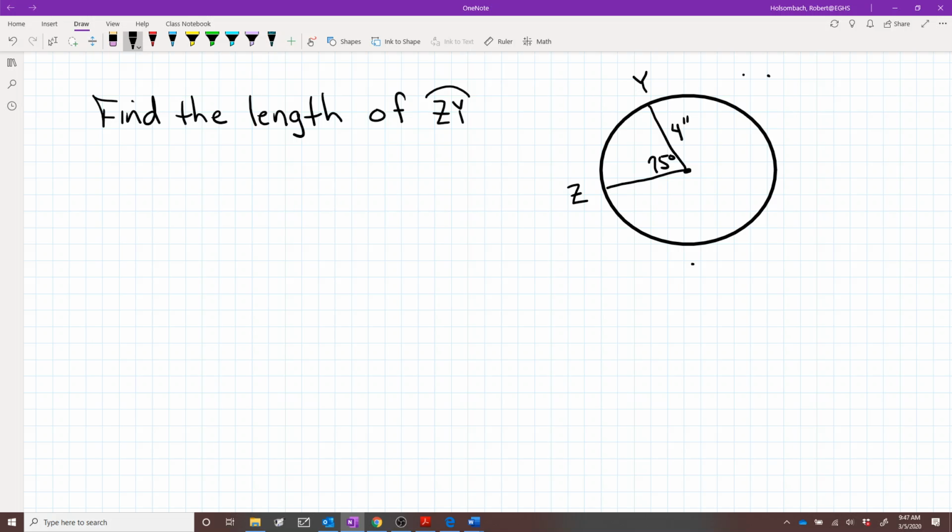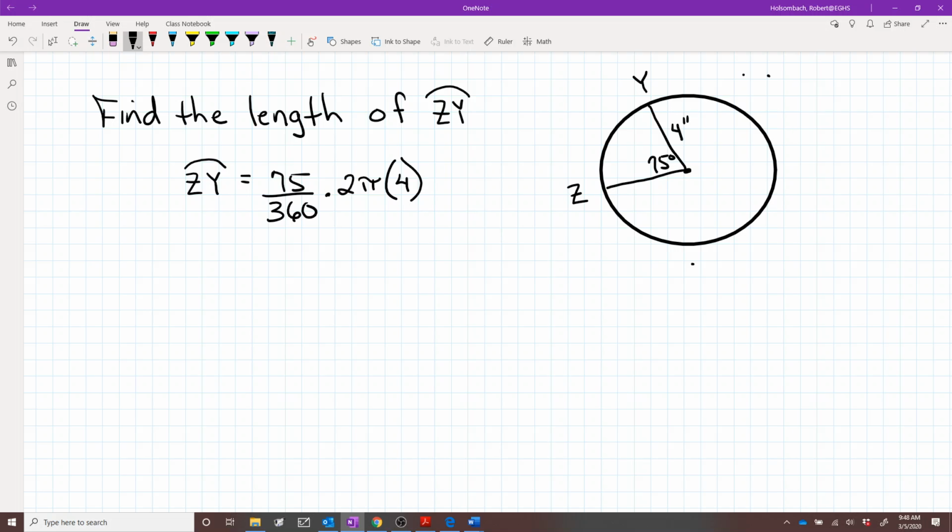So the length of ZY is equal to 75 over 360 times 2 pi, and your radius here is 4. Your length of the arc will be in the same unit as your radius.